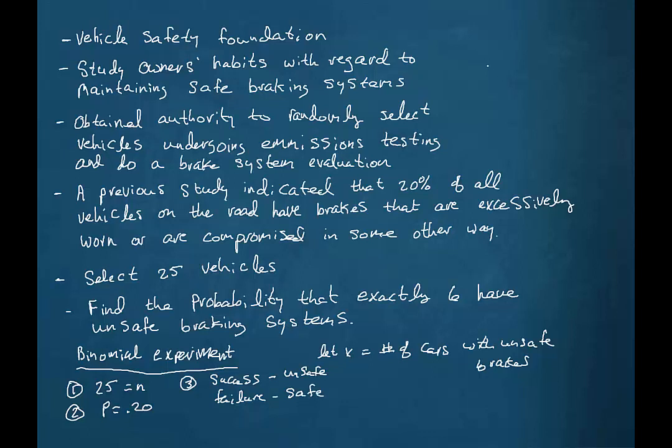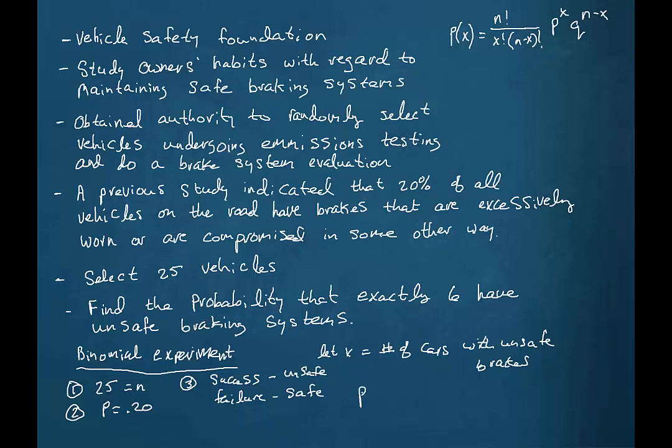Now the formula for calculating a binomial probability is the probability that x takes on some value is n factorial over x factorial times n minus x factorial times p raised to the x times q raised to the n minus x.